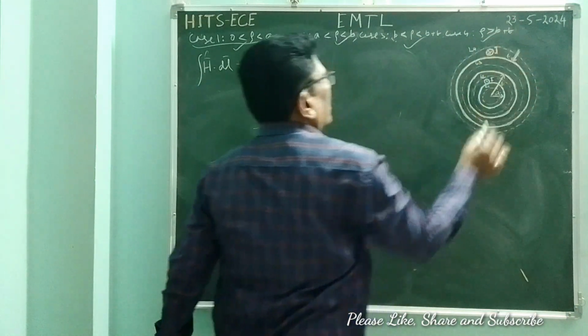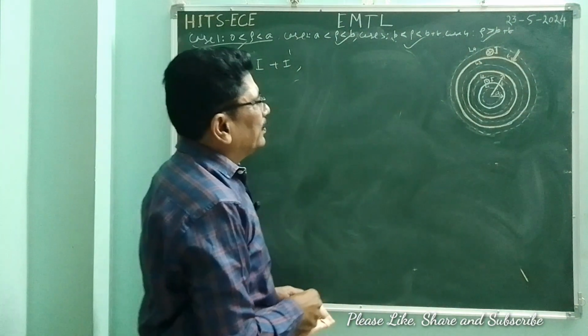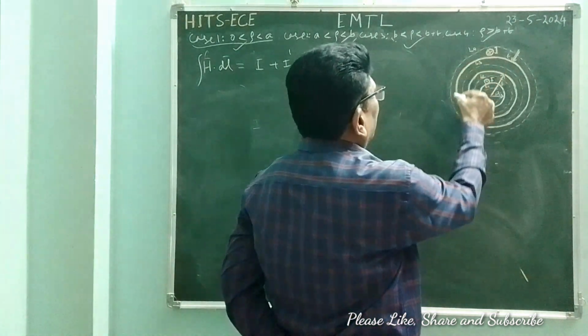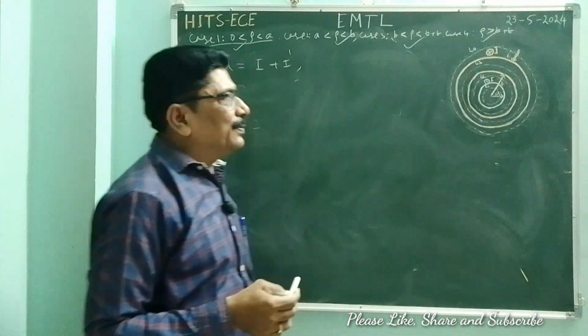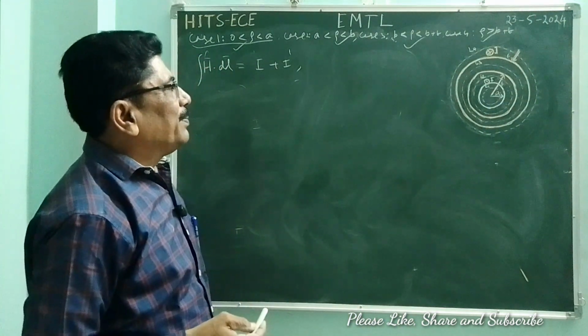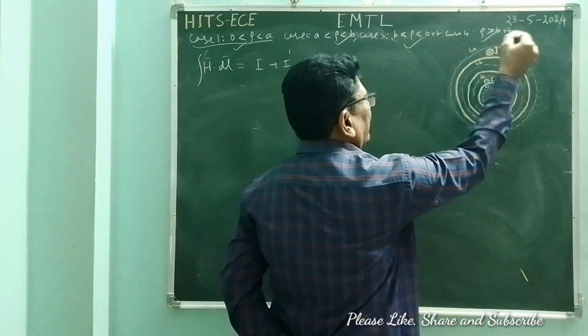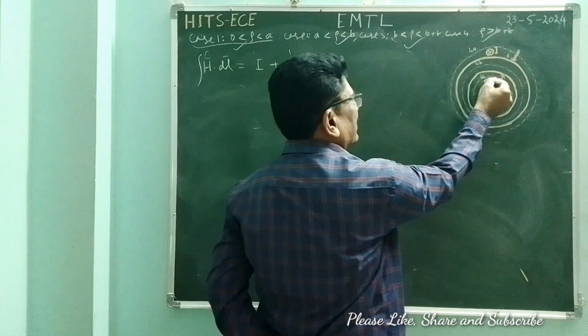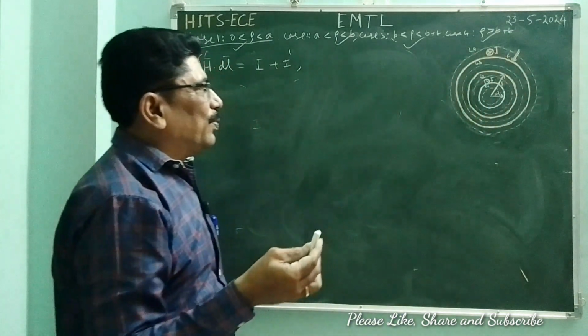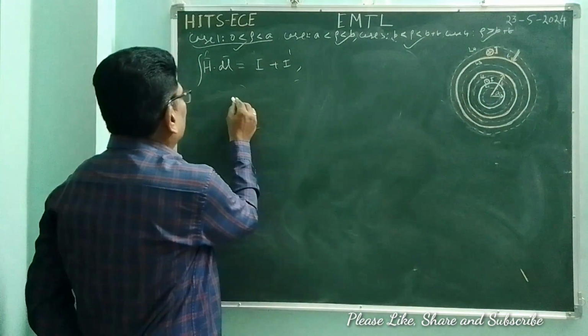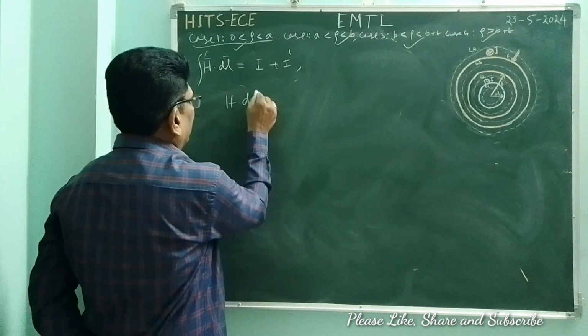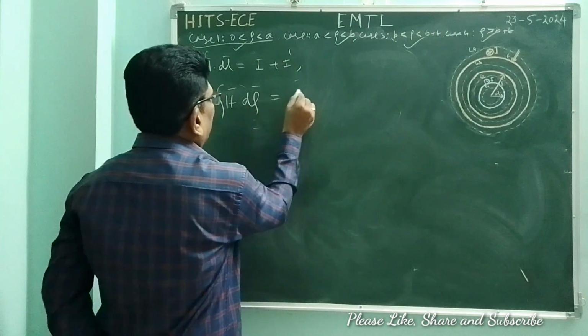For L4 now, what is L4? L4 is the Amperean circuit, Amperean path. It is enclosing two currents, I which is flowing into the board, and I which is leaving the board. So both will cancel each other. So this H dot dl is equal to 0.